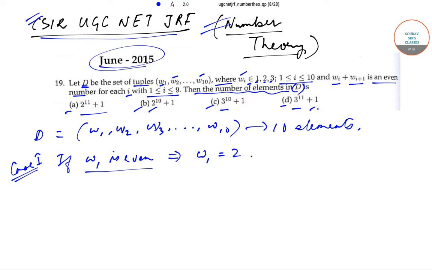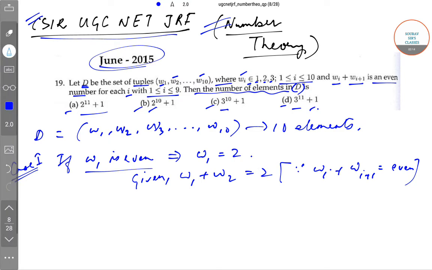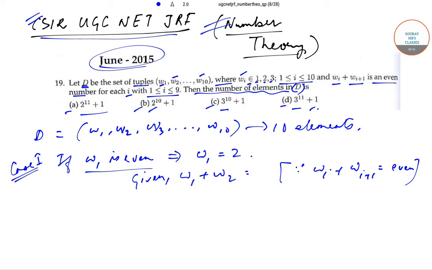Now if W1 is equal to 2, it is given that W1 plus W2 is even, since Wi plus W(i+1) is even.